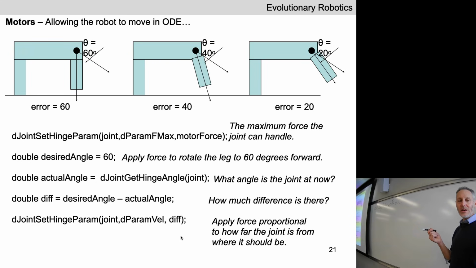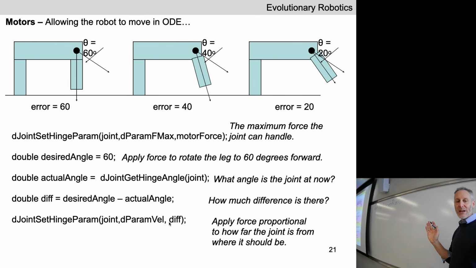We then send this information back into the physics engine, in this case ODE. We send it the difference, and we tell the hinge joint to use that to set the velocity of the objects connected by the joint. It's a little confusing, so I've tried to paraphrase it here. What this line is doing is telling the physics engine, hey, apply force proportional to how far the joint is from where it should be.